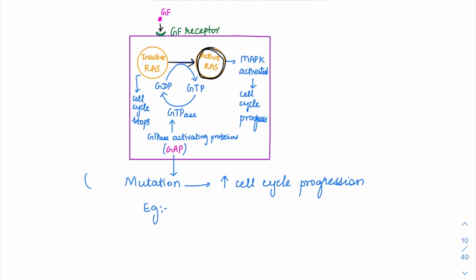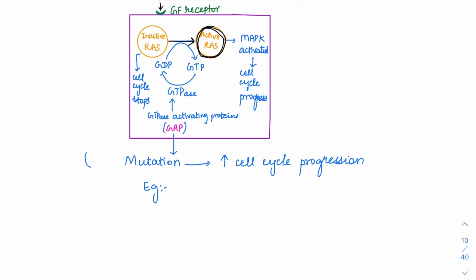Okay, there is something called a GAP protein. GAP proteins are nothing but GTPase activating proteins. So these GAP proteins will, as the name suggests, activate a GTPase enzyme. This GTPase enzyme is going to convert the GTP formed into the GDP. So when GTP is getting reconverted into GDP, the active RAS will in turn become the inactive RAS, and thus the cell cycle will stop.